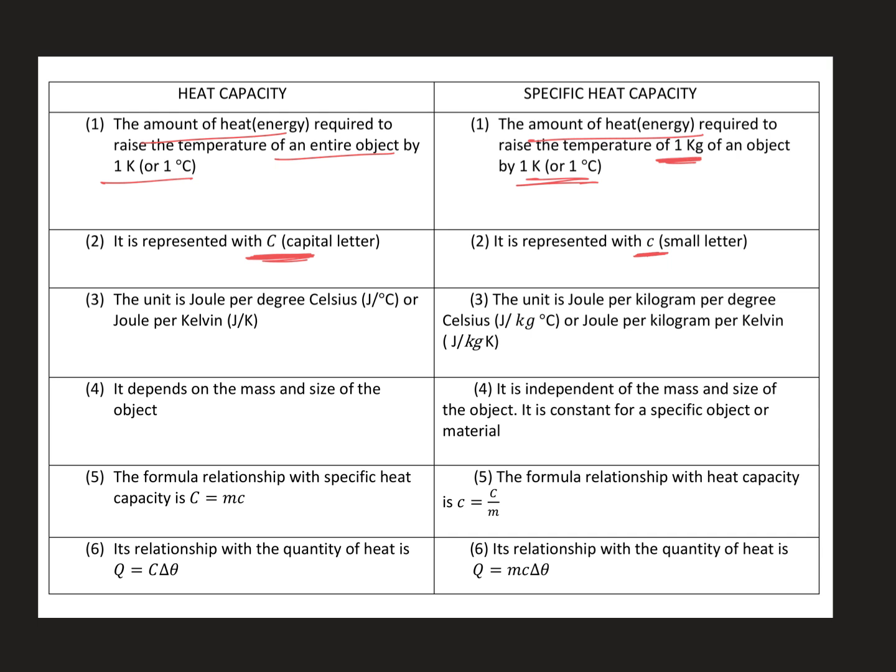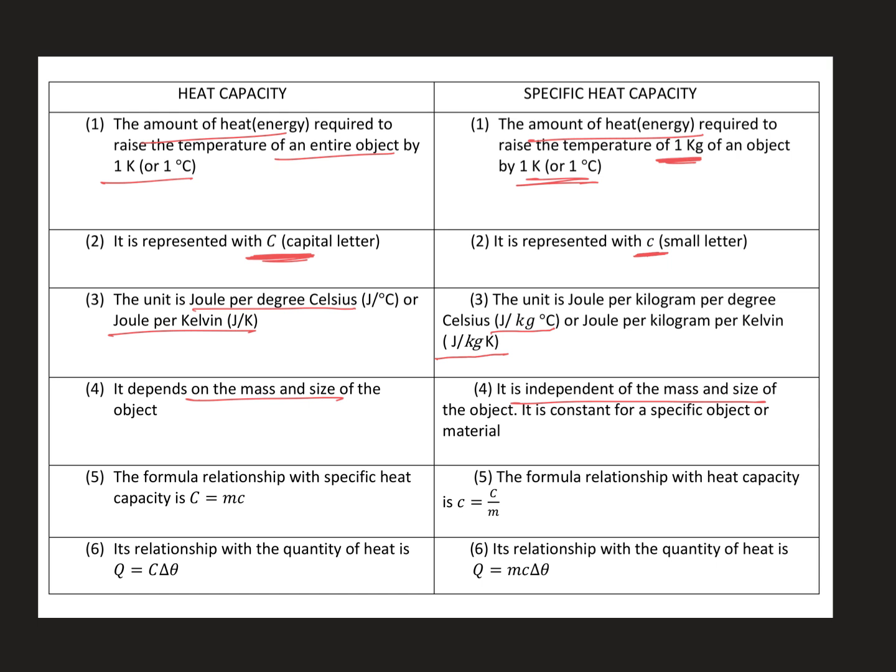The unit of heat capacity is joule per degree Celsius or joule per Kelvin. But for specific heat capacity, the unit is joule per kilogram per degree Celsius or joule per kilogram per Kelvin. So heat capacity depends on the mass and size of the object, but specific heat capacity does not depend on the mass and size of the object.